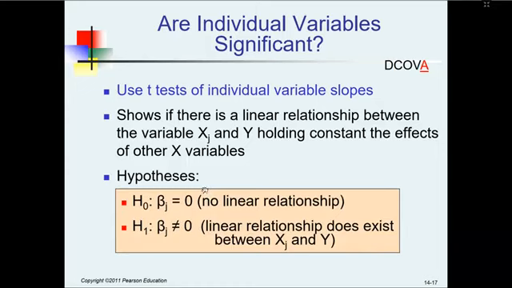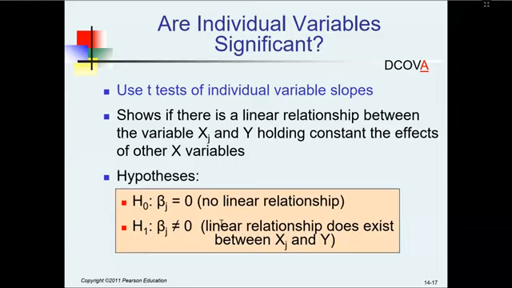So how do you do that? If you are testing for price, the coefficient of price is beta 1. So we say H naught: beta 1 is equal to 0, there is no linear relationship between price and sales. H1: beta 1 not equal to 0.